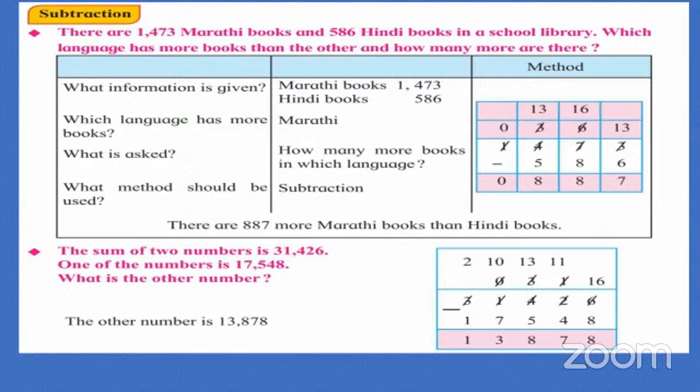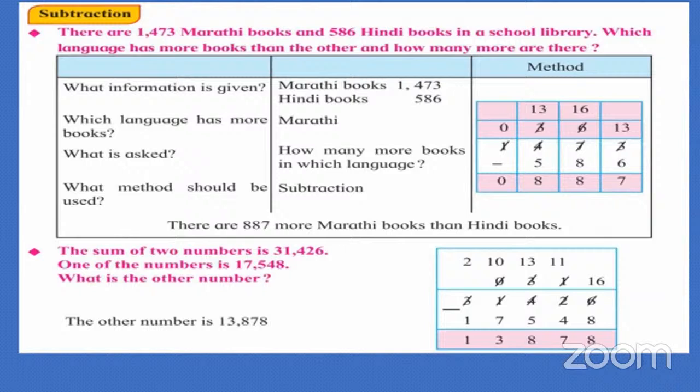In the first part, what information is given? Remember that I have given you 4 steps. In those 4 steps, this question also comes: what information is given? Who will tell me what information is given here?